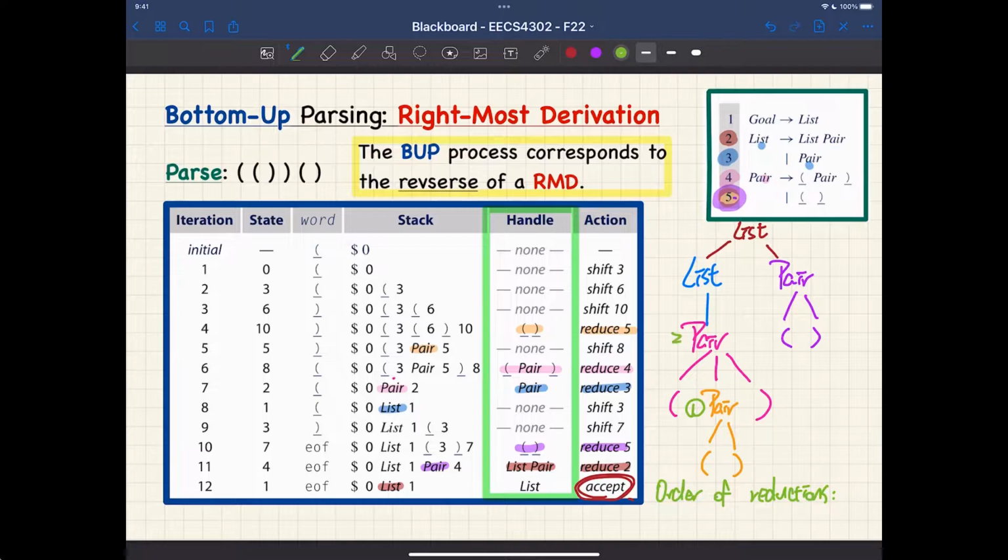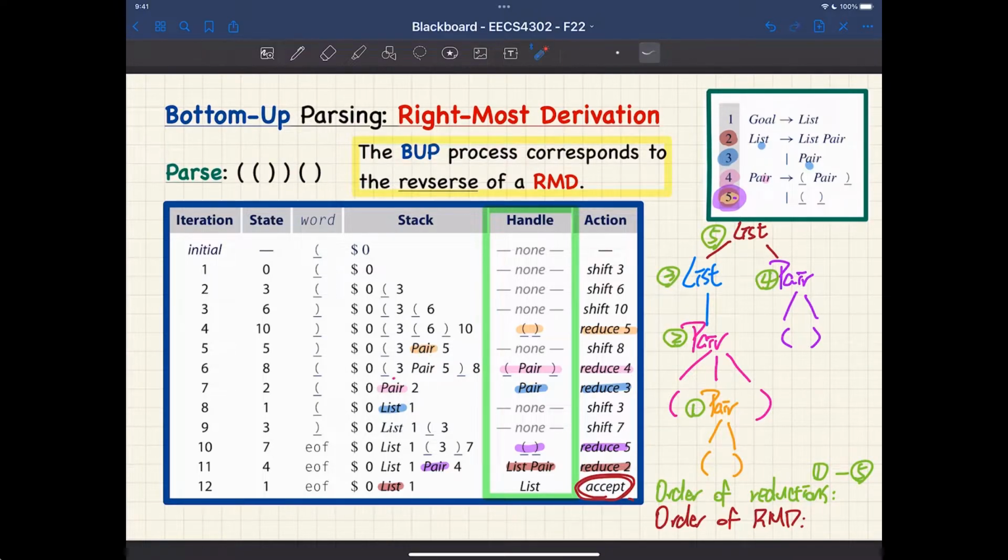And then this one, and then this one, and then this one, and then this one. Agree? That's exactly what we did. If you're not convinced, you can rewind. And that will be basically 1, 2, 3, 4, 5. And the important question is, what about the order of rightmost derivation?